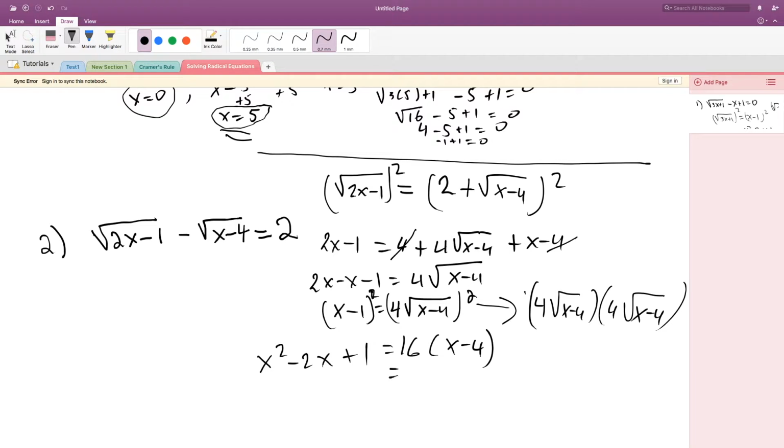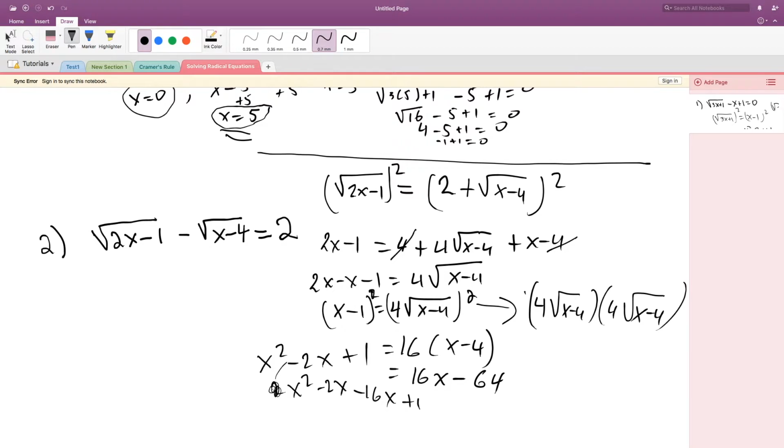Now here I've got 16x. If you multiply 16 by 4, you get 64. Here we have x squared minus 2x plus 1, sorry, there's no 2 here. Let's erase that. Just x squared minus 2x minus 16x. So I'm moving everything to the left hand side.